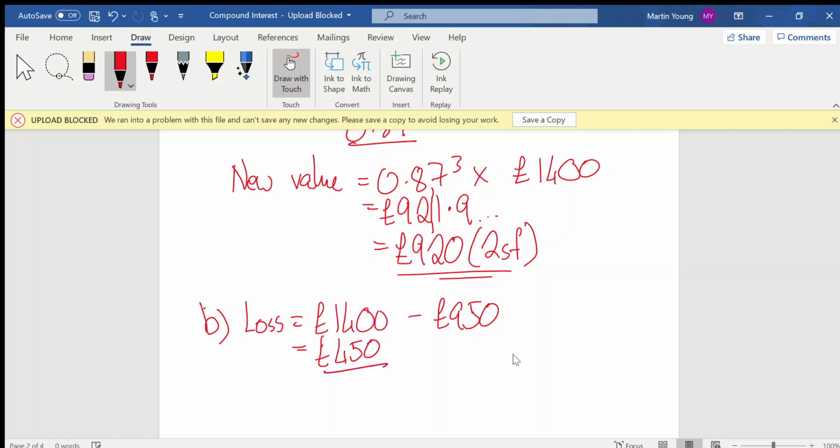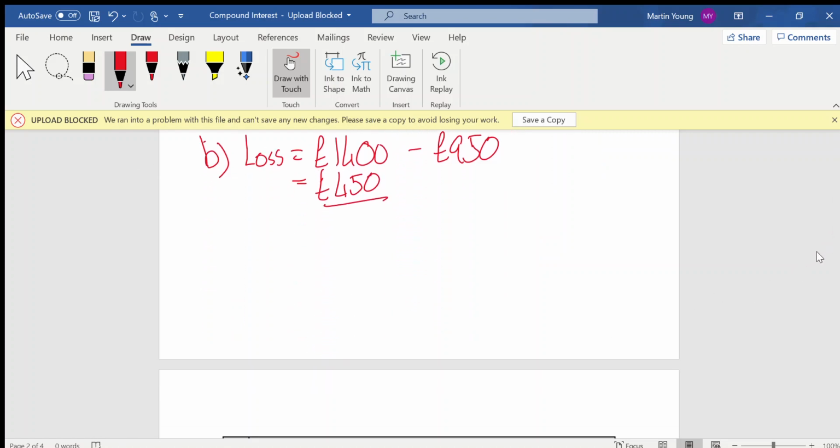And then, to work out percentage loss, what you do is you take the loss over the original and then times it by 100 to get it into a percentage. So it was 4,500 over 14,000, and then I'm timesing that by 100.